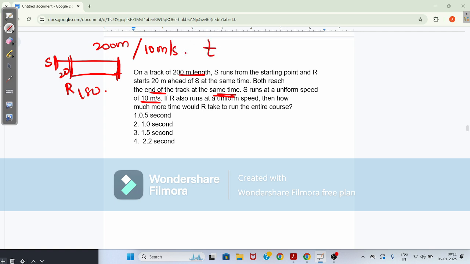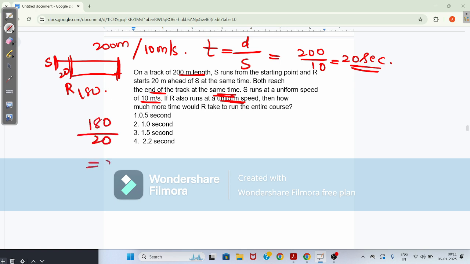So the time taken by S is distance by speed, that equals 200 by 10, that equals 20 seconds. Now if R also runs with uniform speed, then the speed is 180 by 20, which gives 9 meters per second.